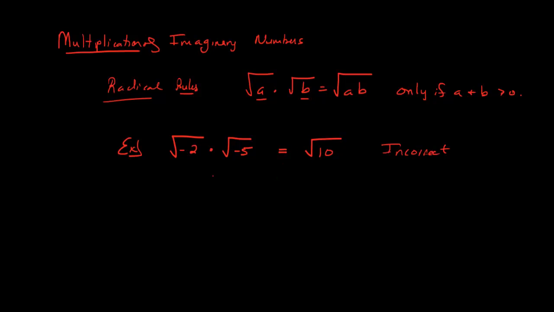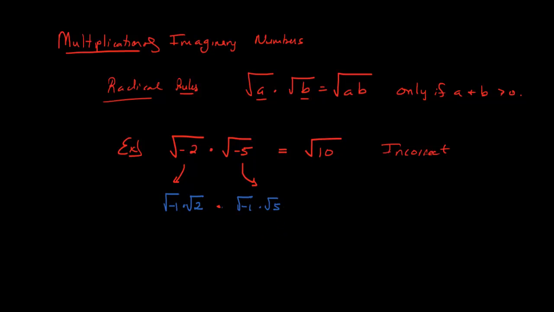In this circumstance, we are going to have to get rid of that negative, that imaginary part. So I'm going to write the first value, square root of negative 2, as square root of negative 1 times square root of 2. And over here, I'm going to write the square root of negative 5 as the square root of negative 1 times the square root of 5.